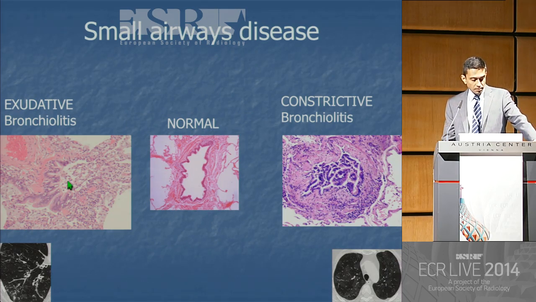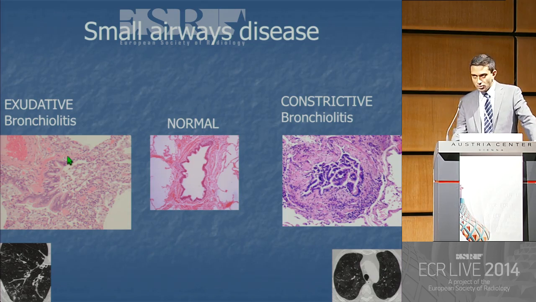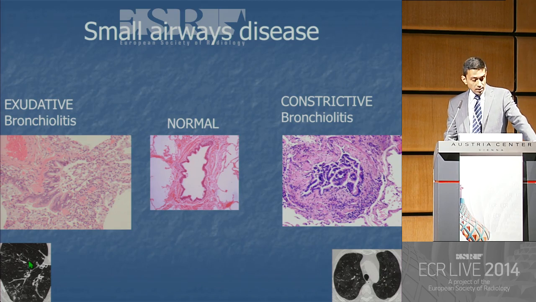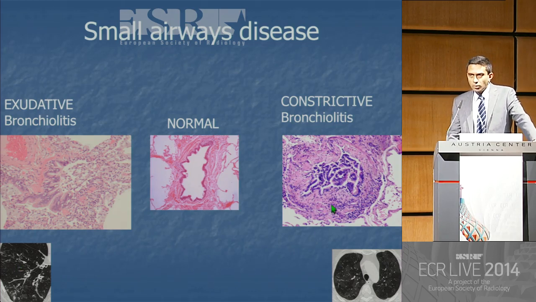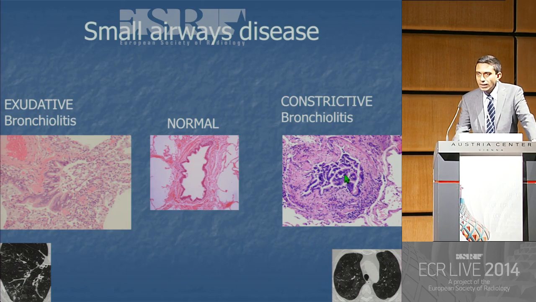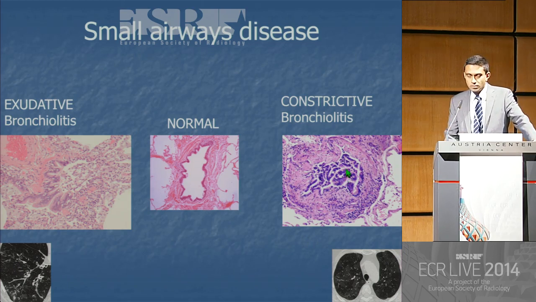If the small airways become filled with an inflammatory exudate, we can consider that an exudative bronchiolitis, and on CT we typically see that as a tree and bud pattern. But in a constrictive bronchiolitis, where the wall of the bronchus becomes inflamed and scarred and the lumen becomes obliterated, we see air trapping, or we can see air trapping and a mosaic attenuation pattern.